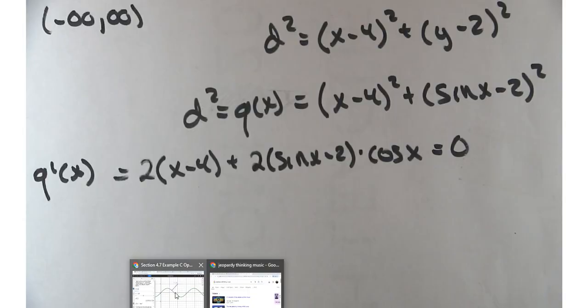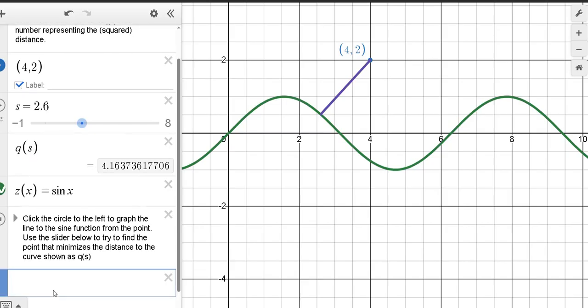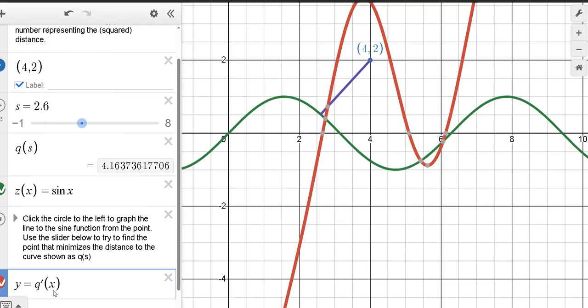Okay, so what we're going to want to know is, where does that derivative equal 0? A cool thing you can do with Desmos is graph the derivative. If I do y equals q prime of x, I can get the graph there, and yay.